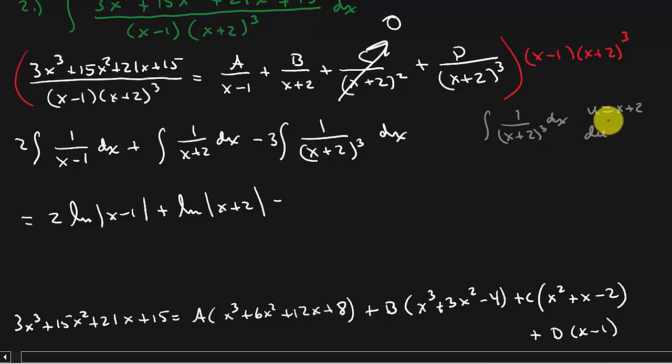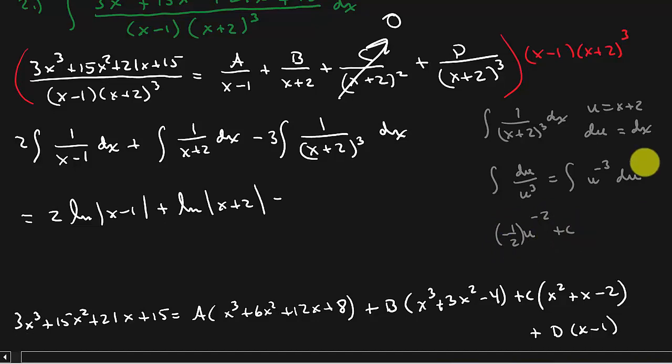So we've got u equal x plus 2, then du is equal to dx. And so now we've got the integral of du over u cubed, which is equal to the integral of u to the negative 3 du. So we add 1 to the exponent, that's negative 2, multiplied by the reciprocal of your new exponent, plus c.